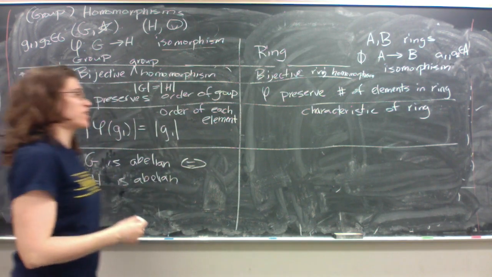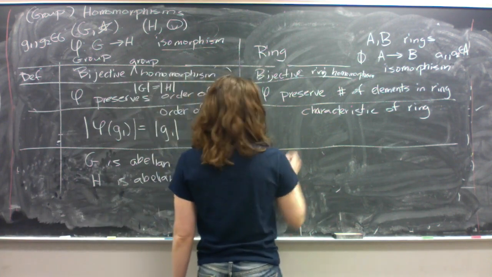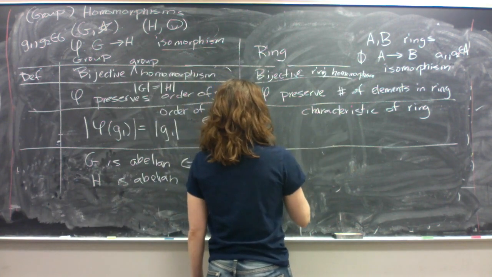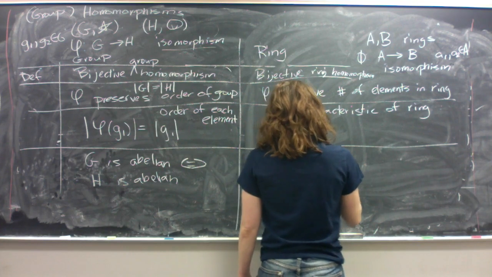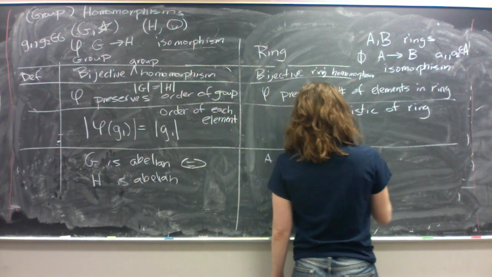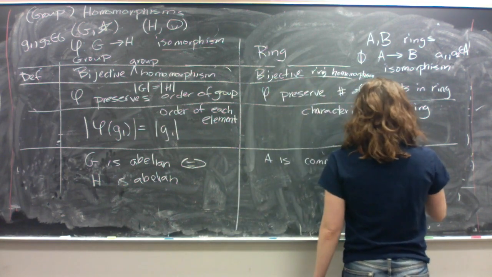An analogous statement in rings is that A is commutative if and only if B is commutative.